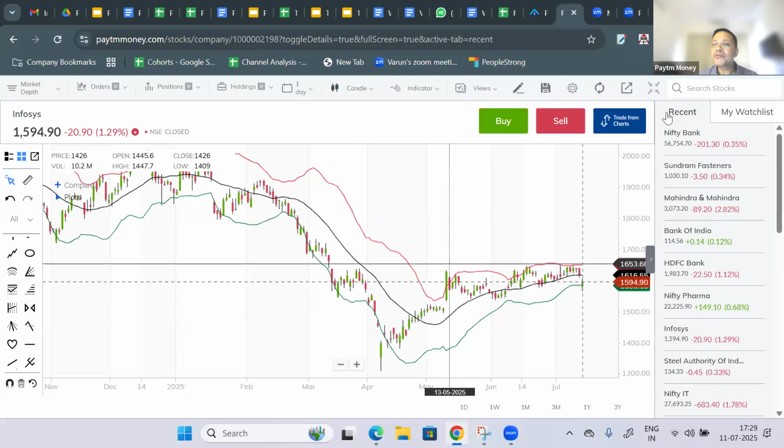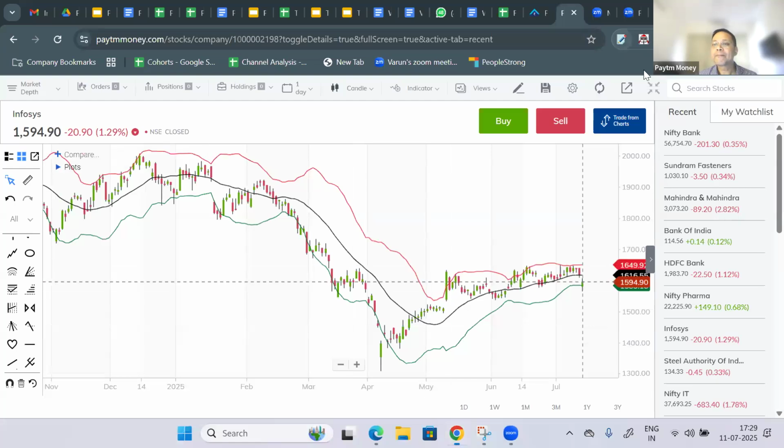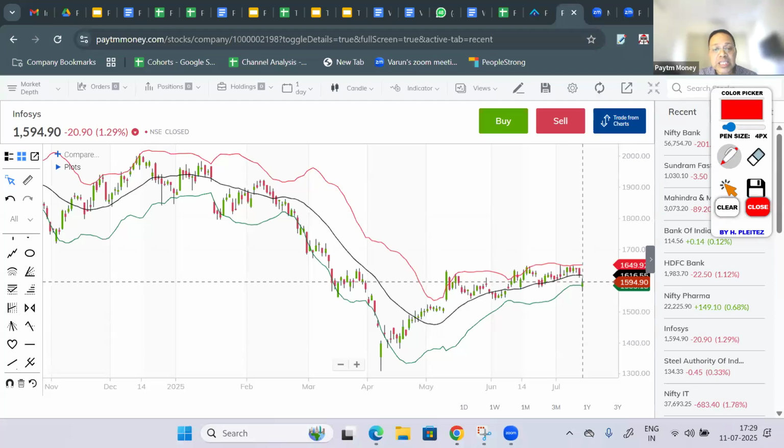So whenever you see the price is moving, this is a plus 2 standard deviation line. This is a mean line. And this is minus 2 standard deviation line. Okay. So this is how it is.